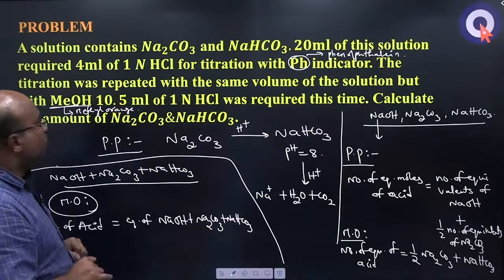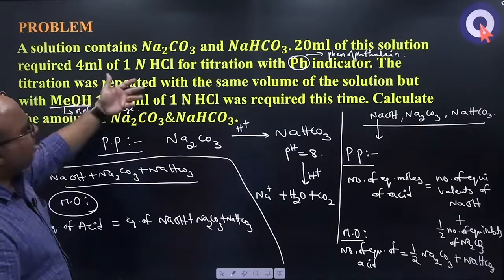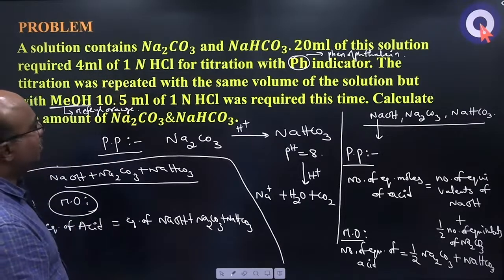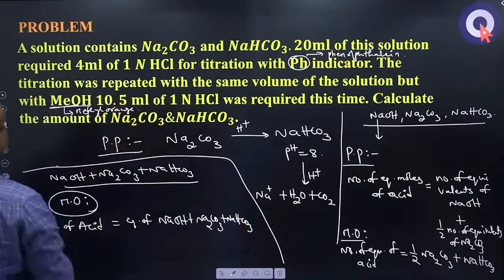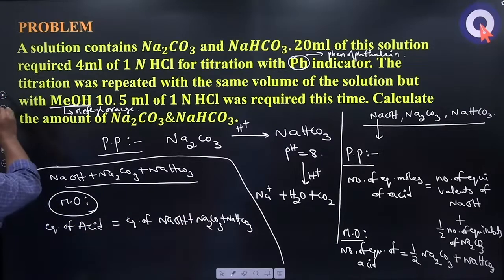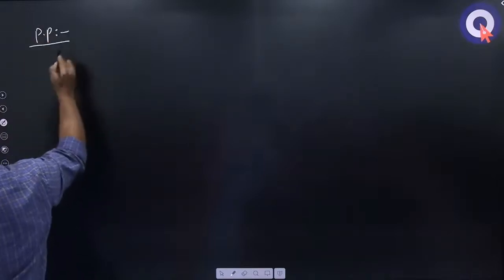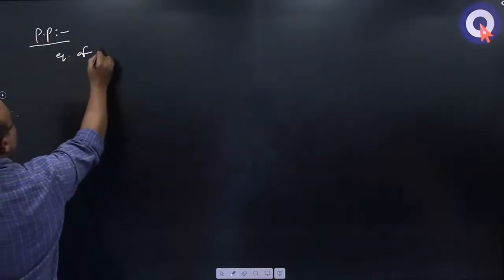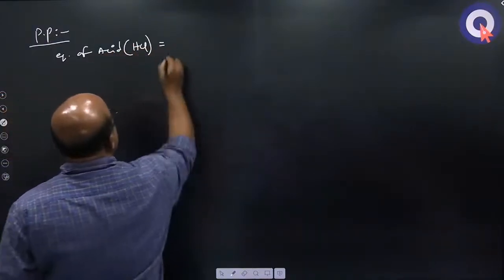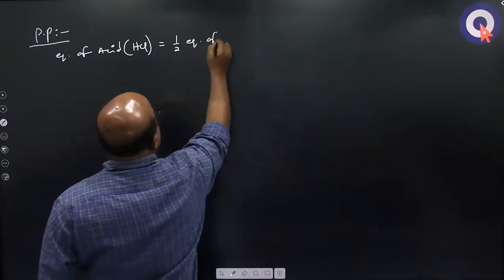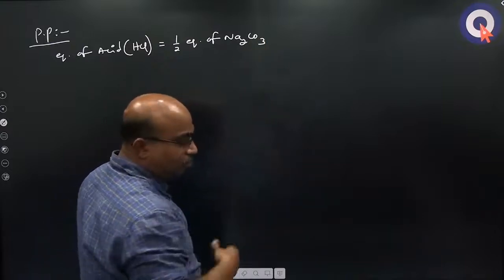Clear? So in this case, what had he done? First he used phenolphthalein, then he took the same amount of mixture again and titrated again. So let us see using these basic applications. First, when phenolphthalein was used, the equivalents of acid, HCl in this case, should be equal to only half of the equivalents of Na2CO3, because sodium hydroxide was not there.